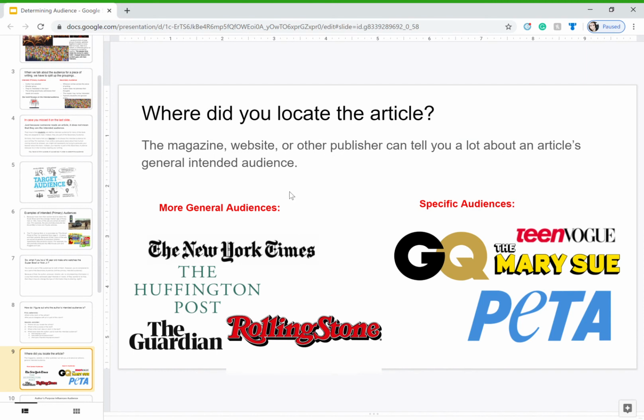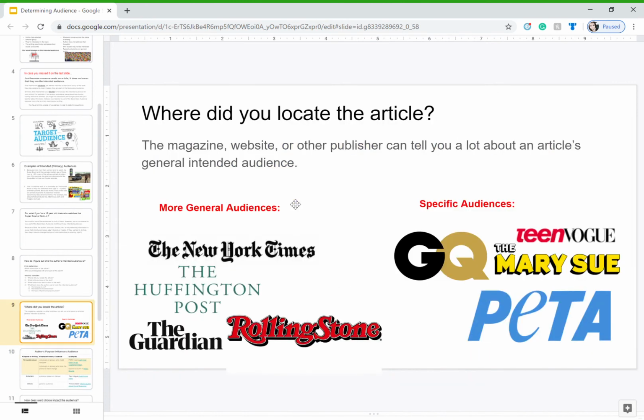Where did you locate the article? This is going back to how we know what it's for. If we look at these places here, the New York Times, the Huffington Post, the Guardian, Rolling Stone, these are for more general audiences. Think of like a casual reader. If we look at a specific audience like Teen Vogue, the Mary Sue, PETA, those are all geared towards specific groups of individuals.